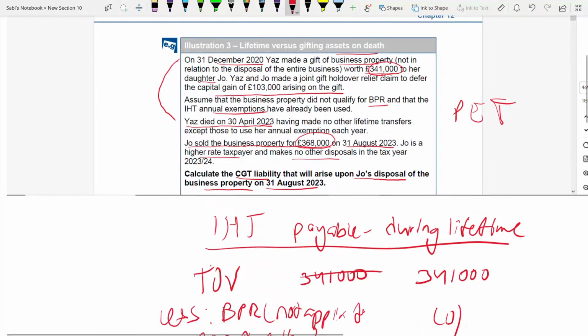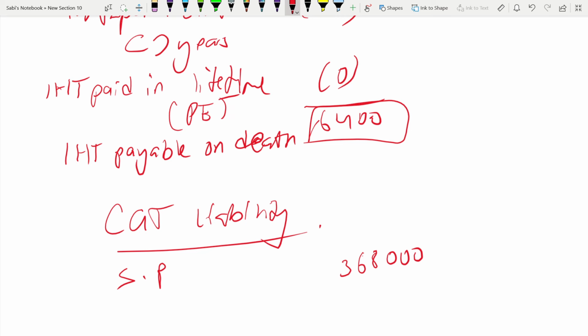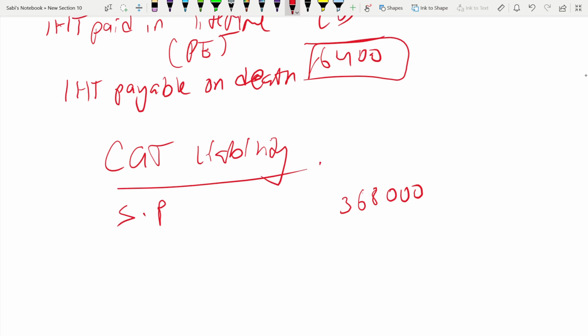That is the sale proceeds. Remember the base cost of the asset. This is CGT. Come back to your CGT from IHT. This will only come if you are very thorough with your CGT. Base cost of the asset to the daughter.